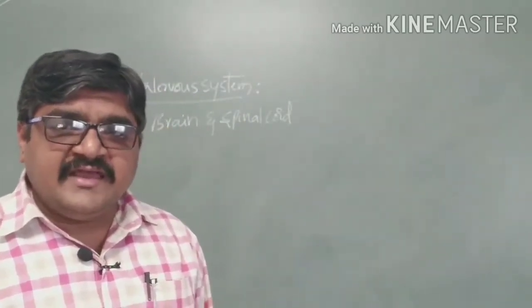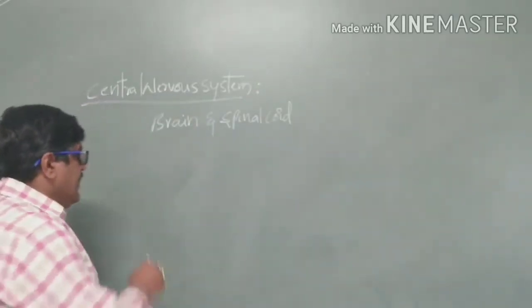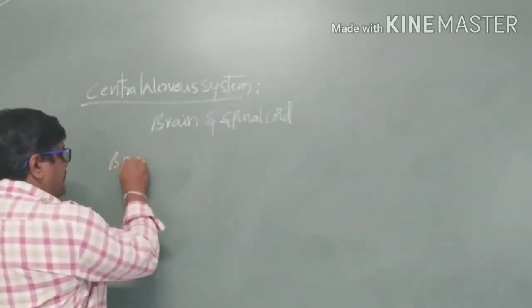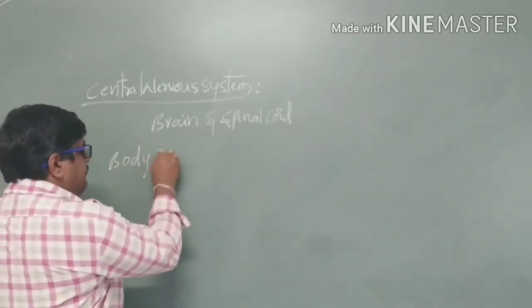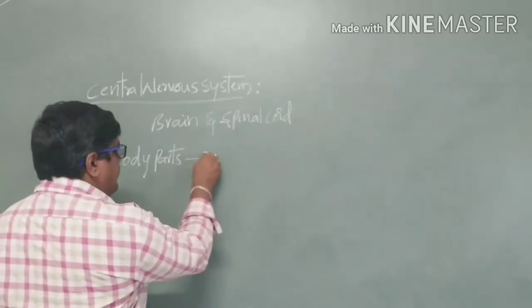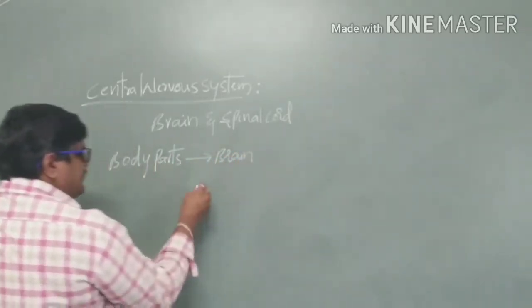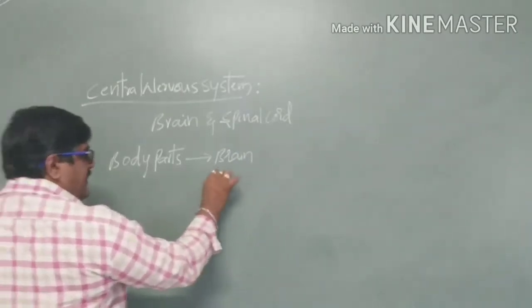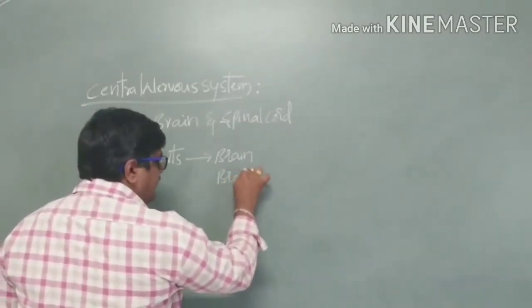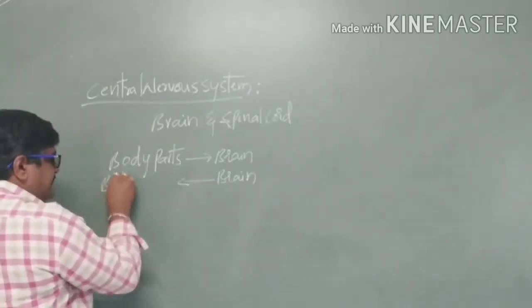Also, the central nervous system carries information from the body parts to the brain, and from the brain to the body parts.